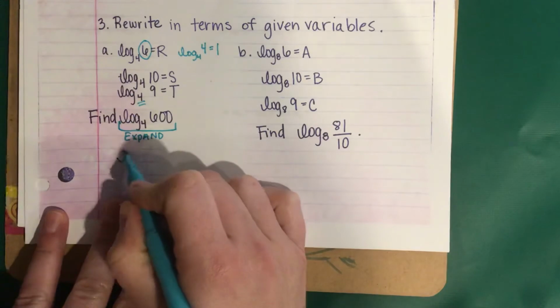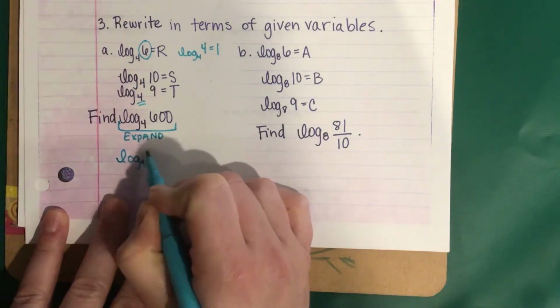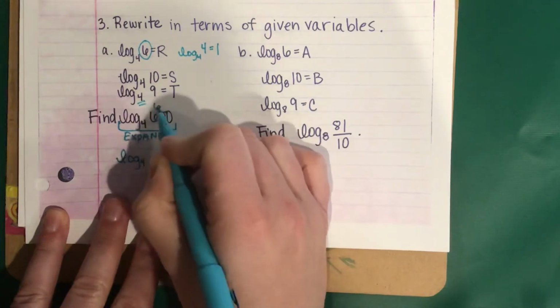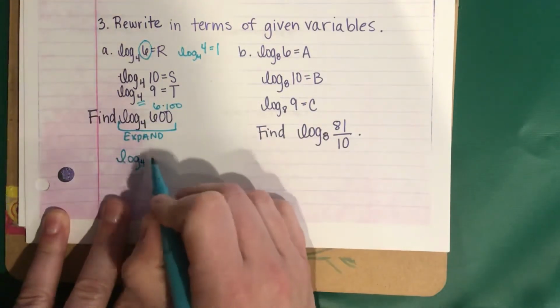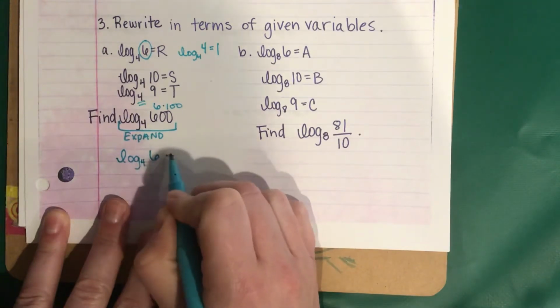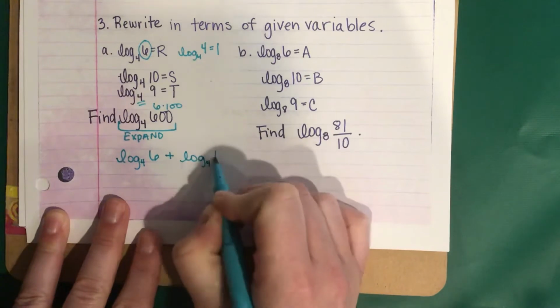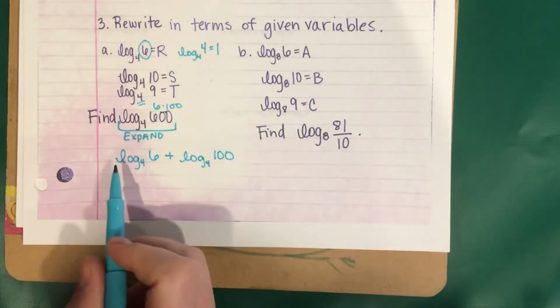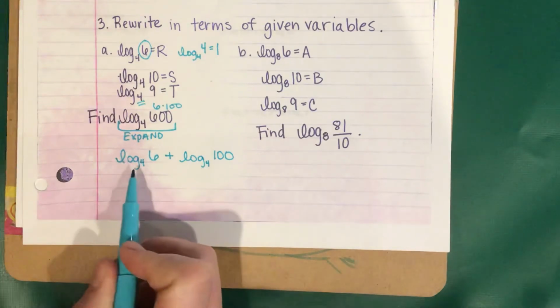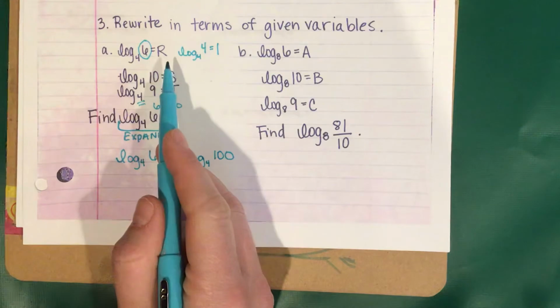So I'm going to expand it with log base 4, and I know that this is 6 times 100. And so it's going to become log base 4 of 6 plus log base 4 of 100.